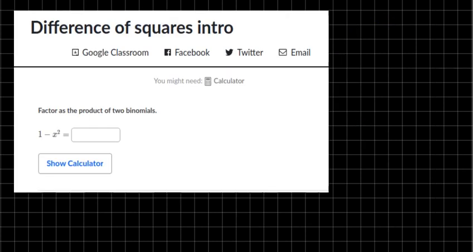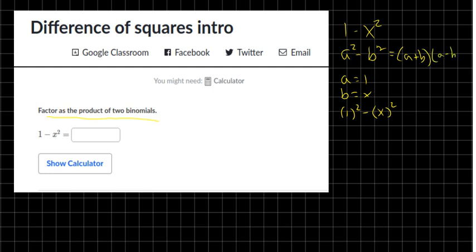Ding! Okay, factor as the product of two binomials. So I have 1 minus x squared. I can identify this as a squared minus b squared, where a is equal to 1 and b is equal to x. So it's 1 squared minus x squared, okay? And then I know a squared minus b squared is equal to a plus b times a minus b.